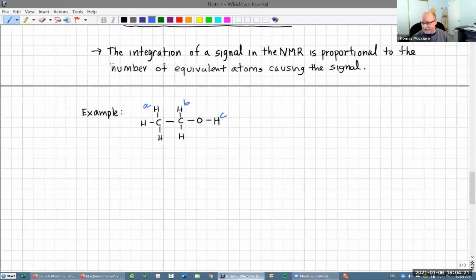Can you guys see that? So I was going to give you an example of integration, and I don't know where I got lost. So I've already written it out. This is a really simple molecule. It's ethanol, right? There's 3 sets of equivalent hydrogens. Let me just sketch what the NMR would look like for this. Not going to be perfect, but it'll be close. Oops, didn't make it long enough.